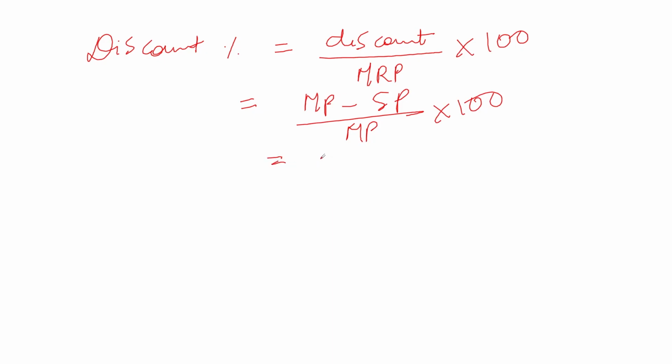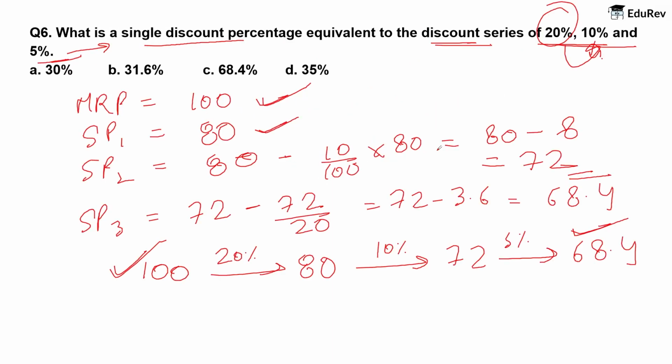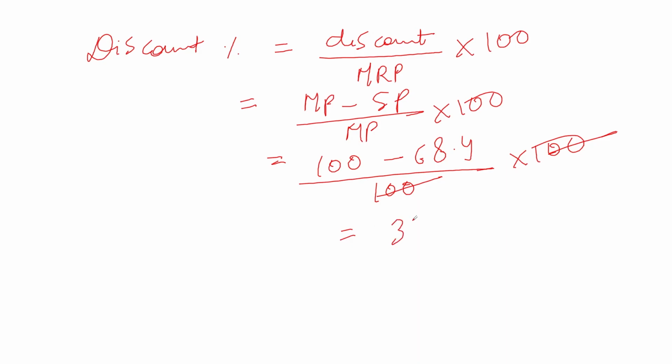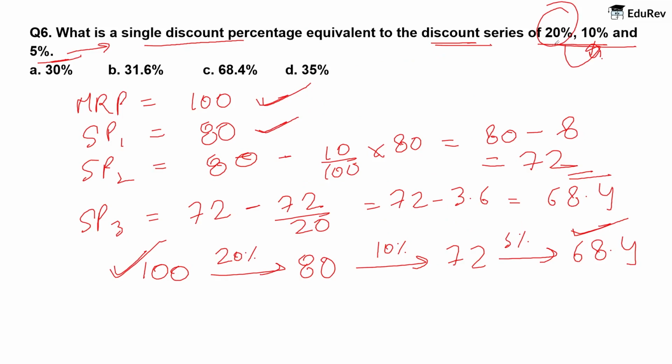So over here, MRP is 100, and final selling price after three different discounts is 68.4, divided by 100 again into 100. So very simply, when you subtract it, you get 31.6%.